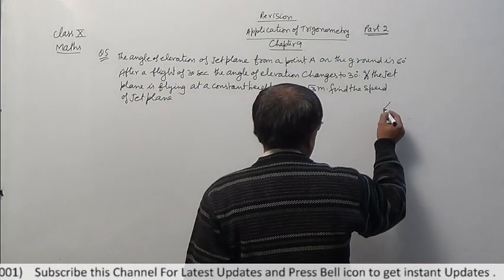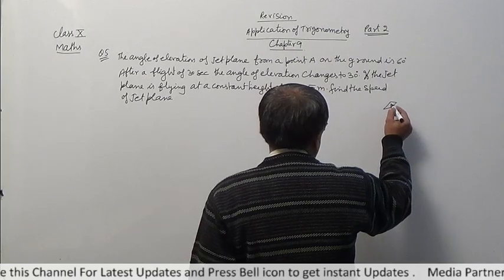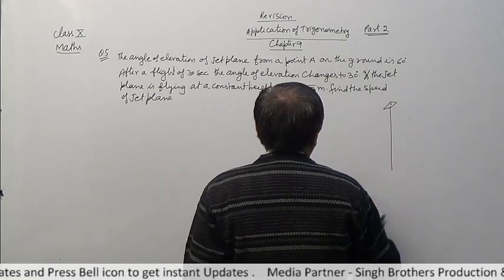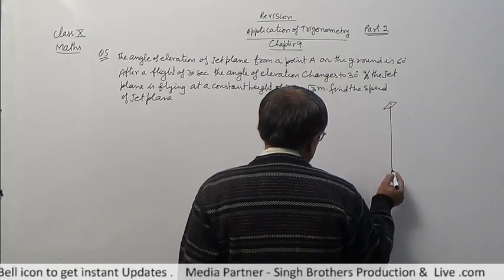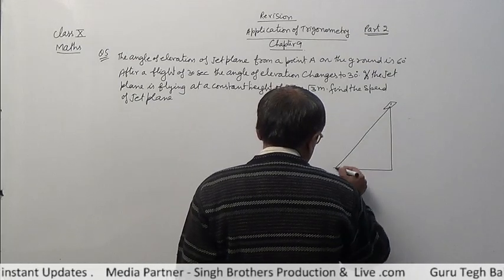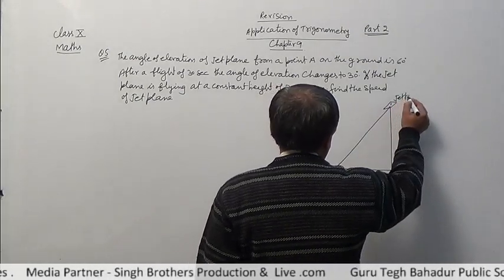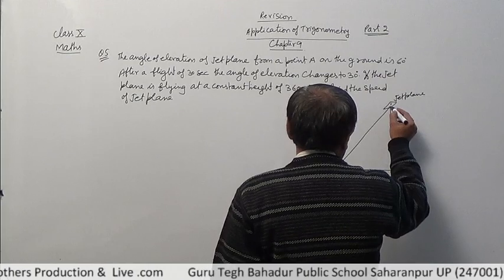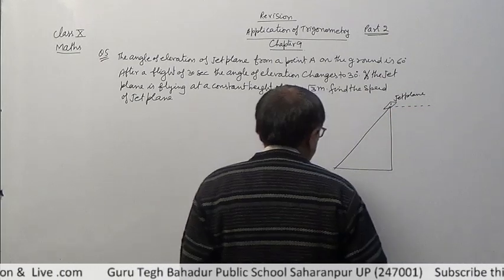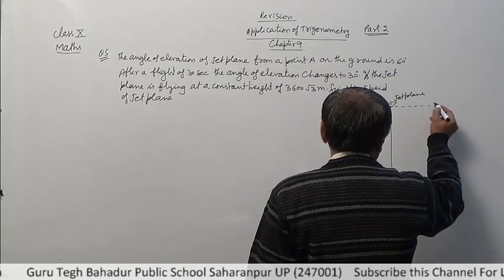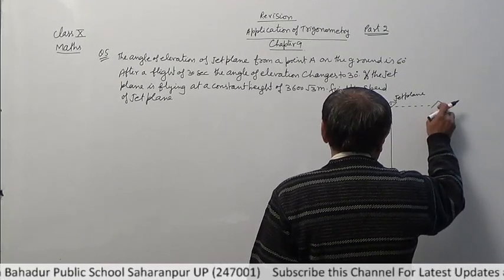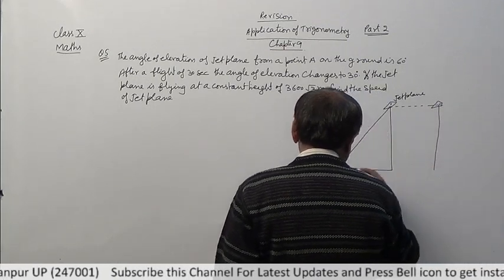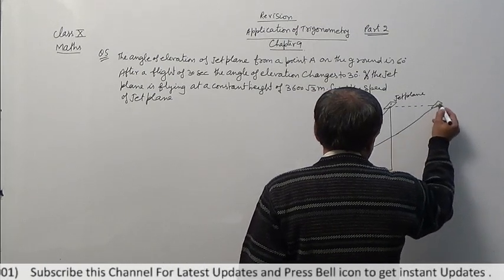This is the jet plane. It is flying. The angle of elevation is 60 degree. It flies horizontally, reaching here, and its angle of elevation becomes 30 degree.